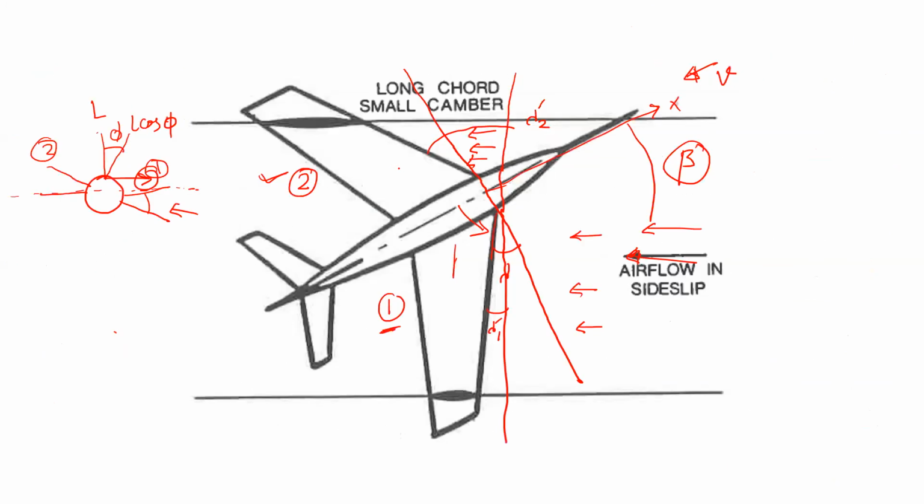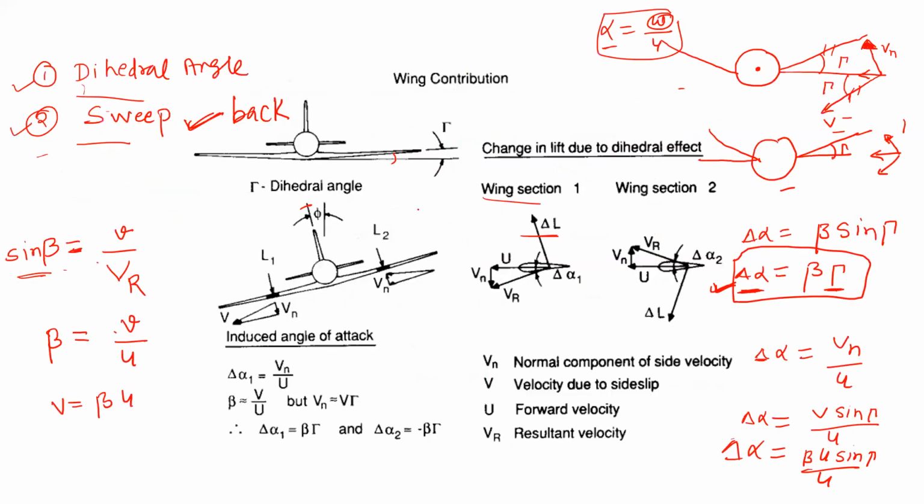Similarly, the wing which is below the level is also generating extra lift because of the reduction in the sweep angle. The velocity is coming from the side, there is a reduction in the sweep angle, and therefore you have extra lift on that same wing. So these two factors, the dihedral angle and sweep back, both contribute to roll stability.